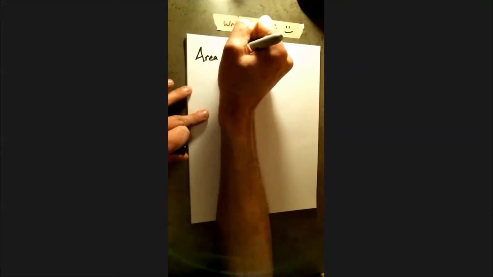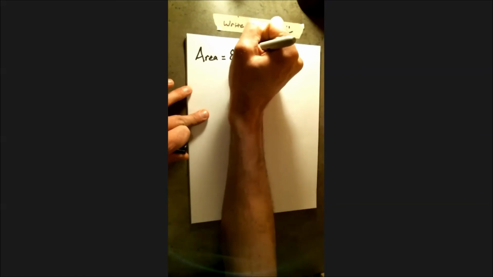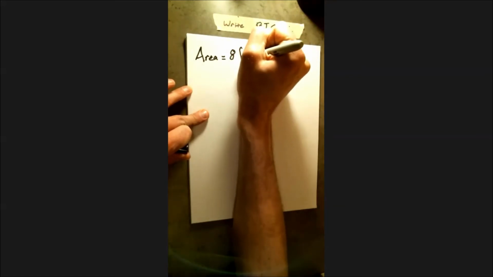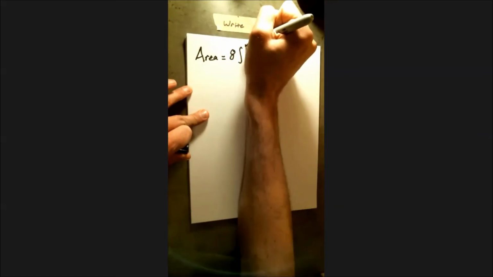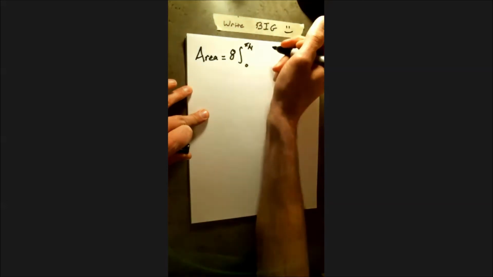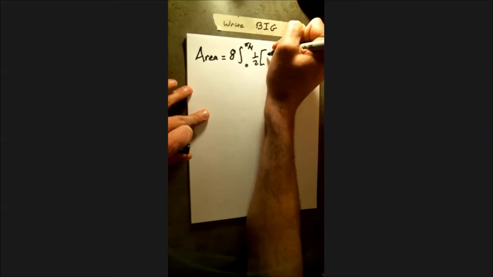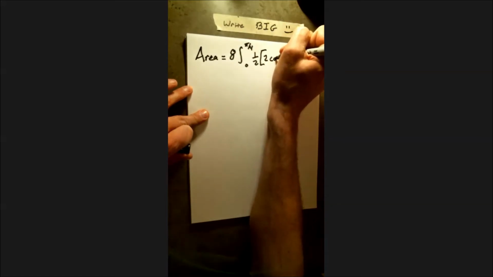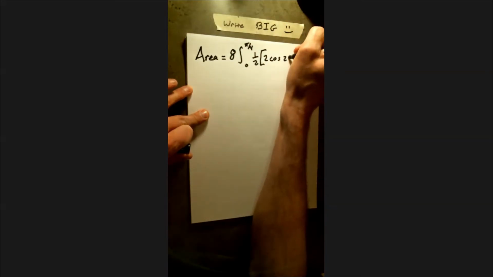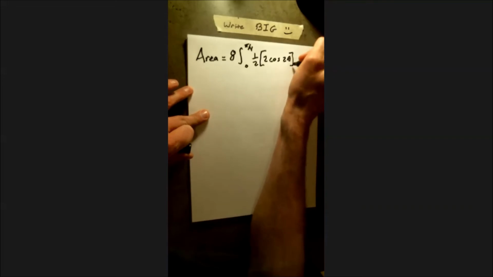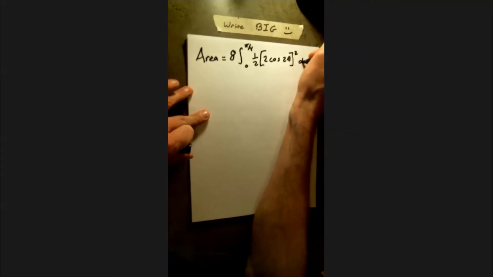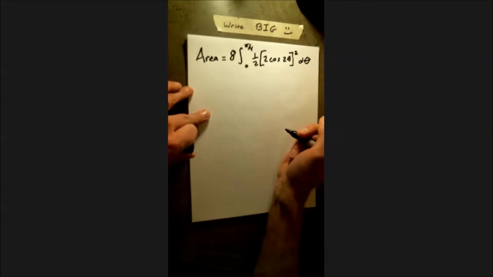So the area is equal to 8 times the integral from 0 to pi over 4 of 1/2 the radius, which is 2 cosine 2 theta, quantity squared, all integrated with respect to theta.